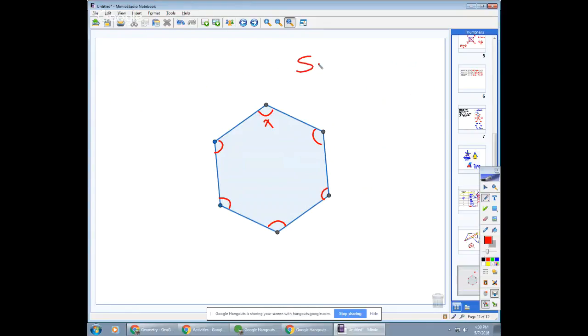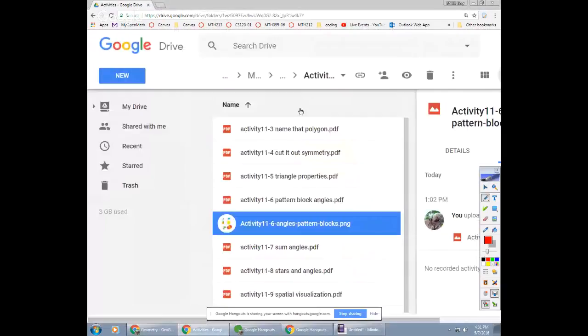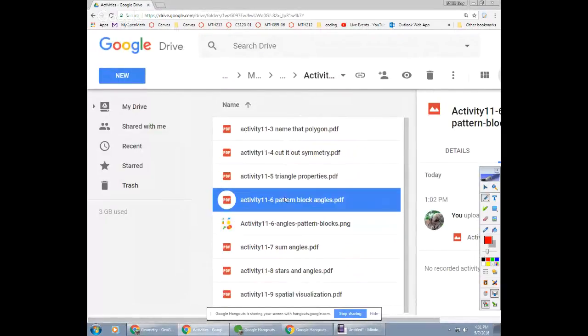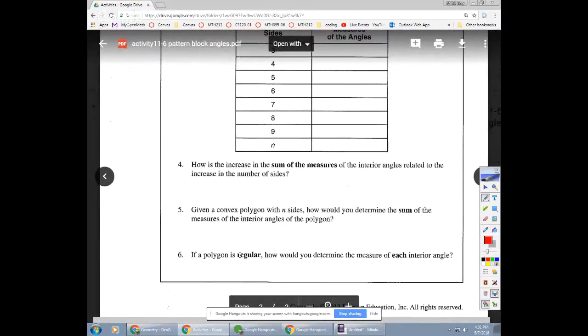So I know the sum of the interior angles has to equal 6x. What else? So would you just use the 180? Let me double check the question, make sure I'm on the right track. This was on the activity, right? If a polygon is regular, how would you determine the measure of each interior angle?